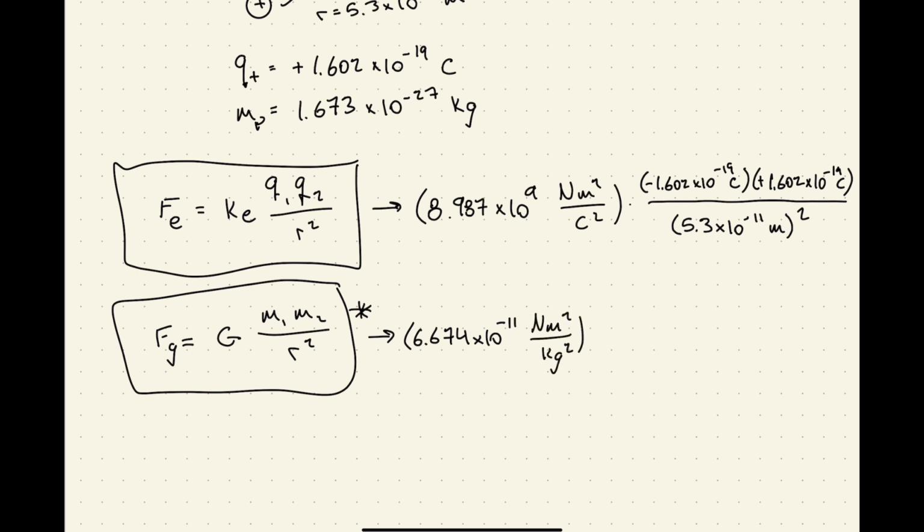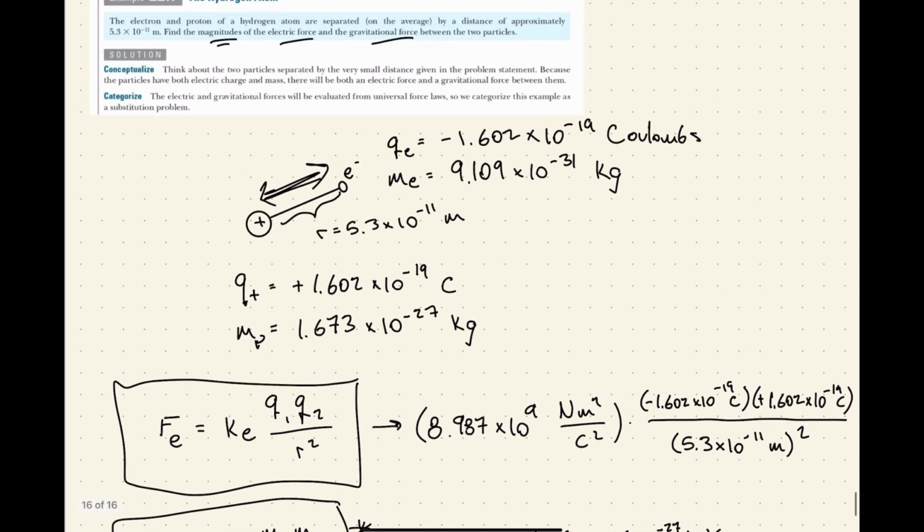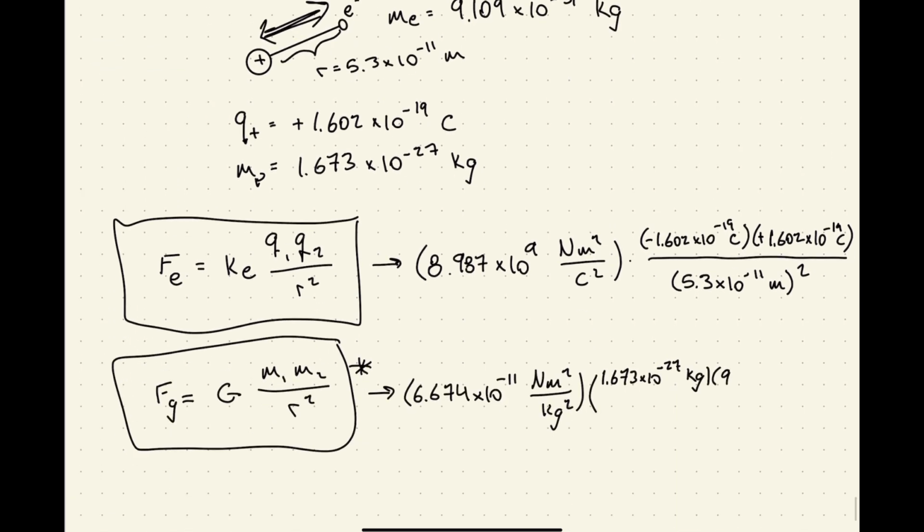We multiply that by, in the numerator, the masses: 1.673 times 10 to the negative 27 kilograms, mass of the electron, 9.109 times 10 to the negative 31 kilograms. The distance is, again, the same distance, 5.3 times 10 to the negative 11 meters squared.